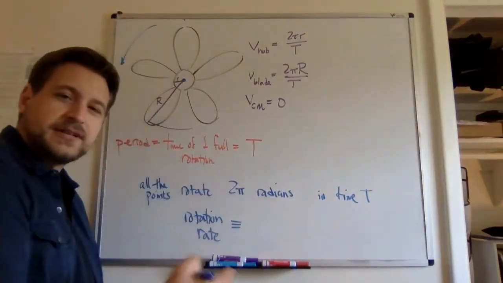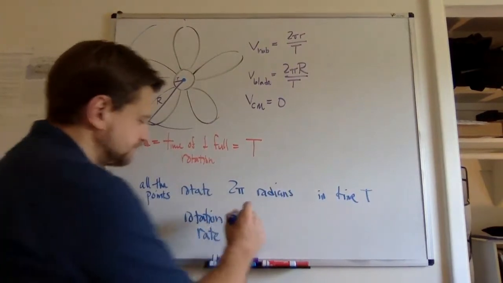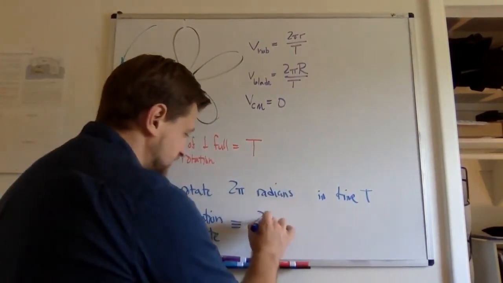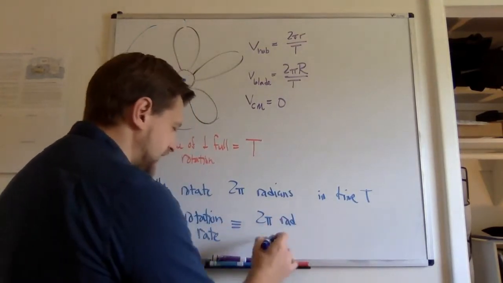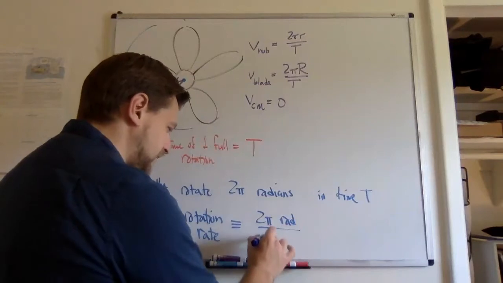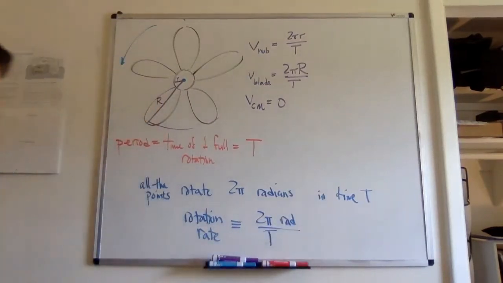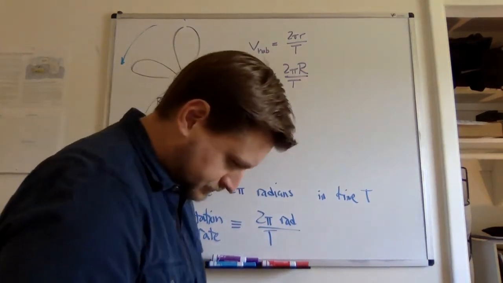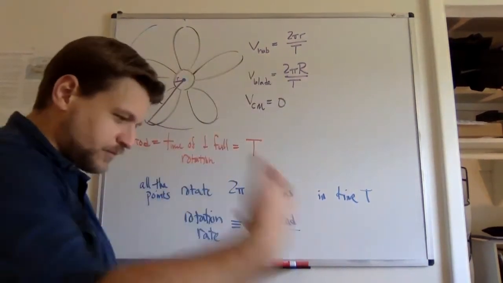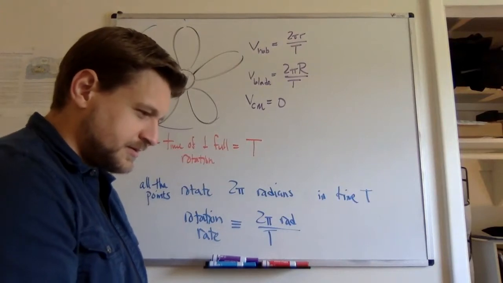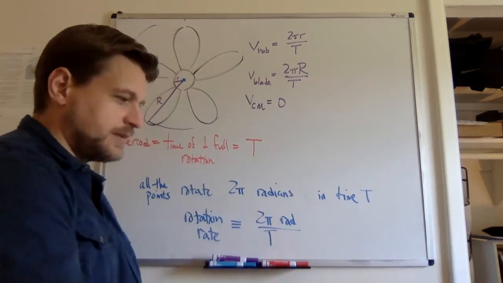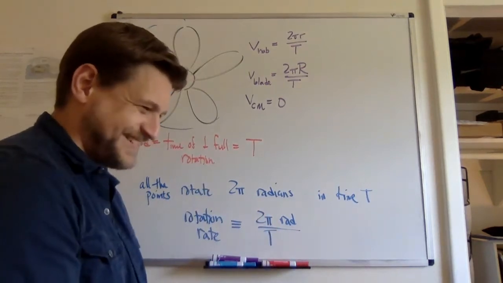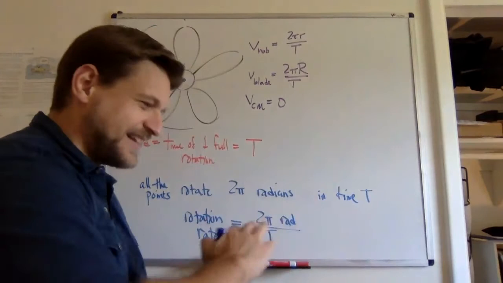How much rotation per time? And we could do the calculation. It would be 2 pi radians divided by time t. The rate at which angle is swept, I guess, or rotated through.